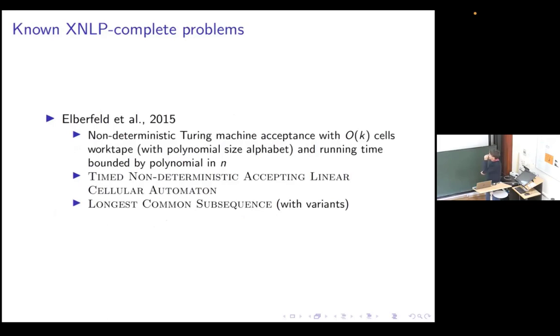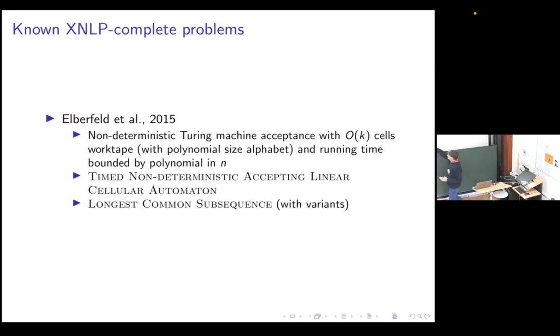So in 2015, Elberfeld looked at this class, which they actually call differently, but I think we like to use XNLP because it's nice to have an acronym with at most 4 characters. And they showed, for instance, that non-deterministic Turing machine acceptance with k cells, running time bounded by a polynomial, is XNLP-complete.